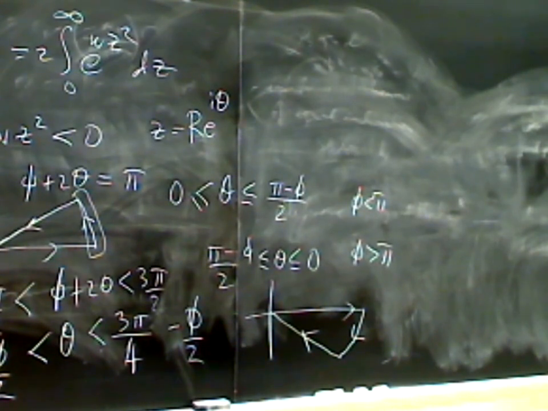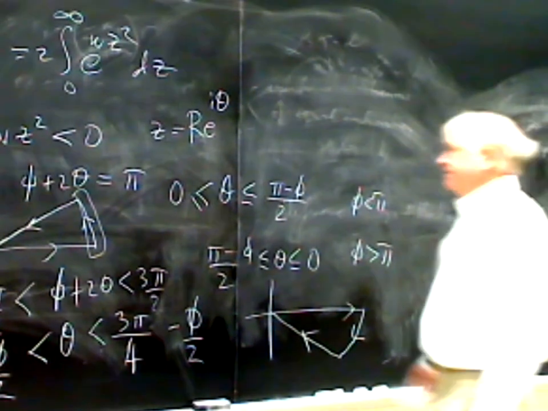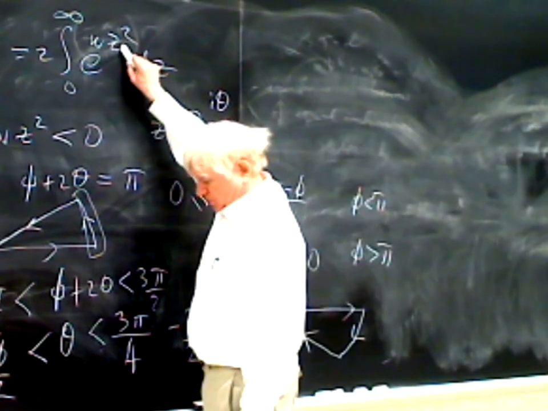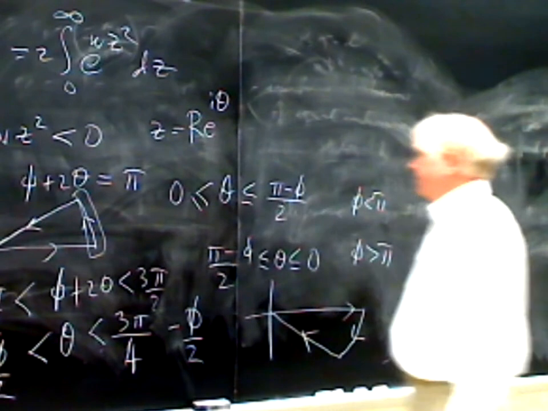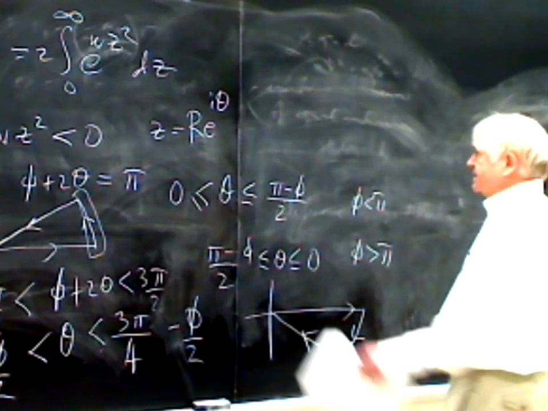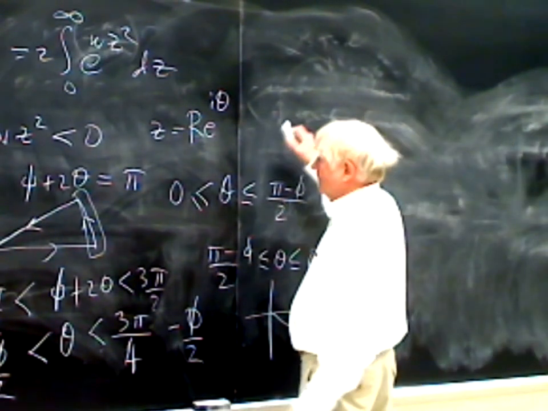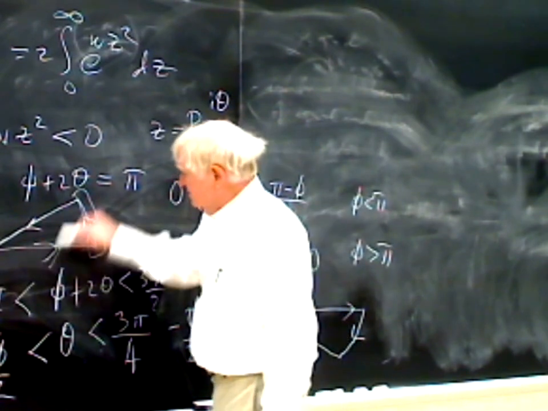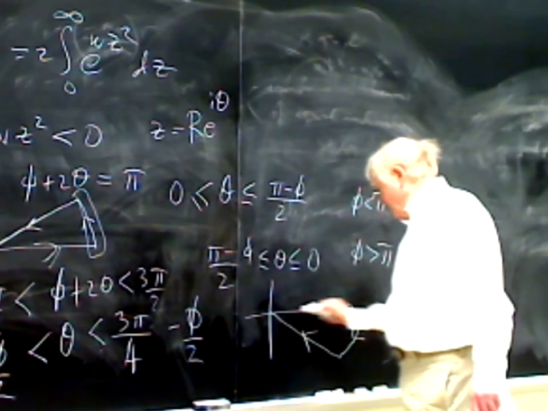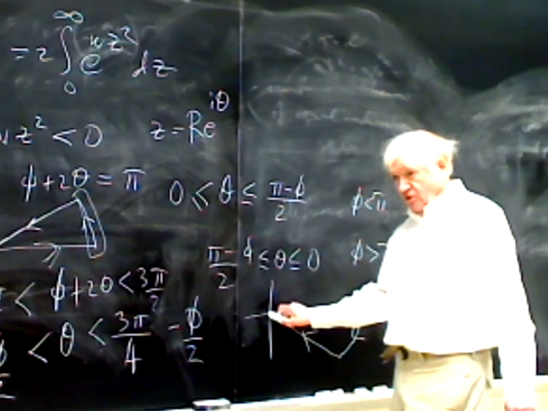The real part of that is negative, and this thing is proportional to r squared, so that's strictly negative. So that means the integral along here is equal to the integral along there.